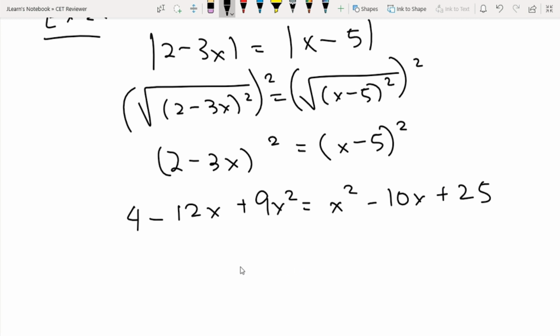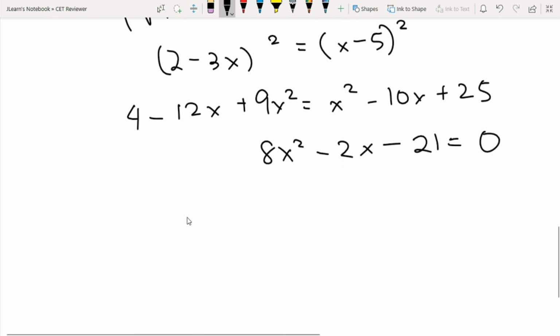Okay? And then, ngayon, isimplify natin. Ito ay magiging 8x squared minus 2x minus 21 is equal to 0.